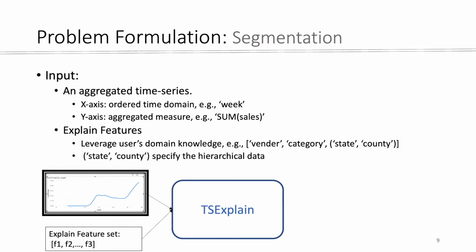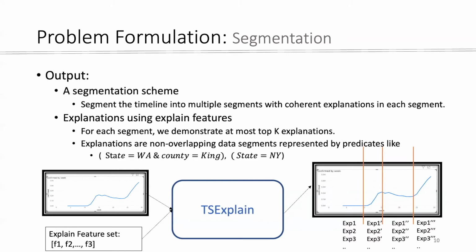Our TSExplain takes a trend line and explain features as input. The trend line consists of an ordered time domain as the x-axis and aggregated measures as the y-axis. Users will leverage their domain knowledge to give explain features, for example, vendor, category, state, county. State, county here specifies the hierarchical data.